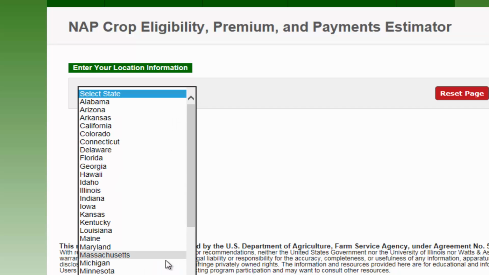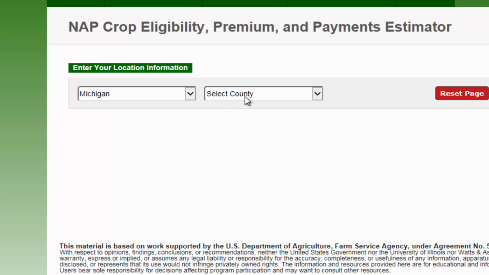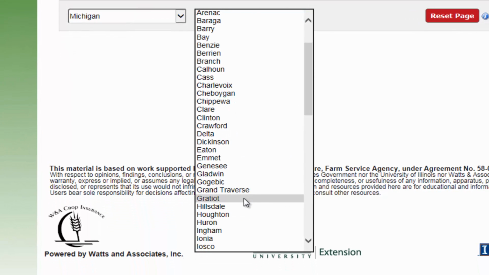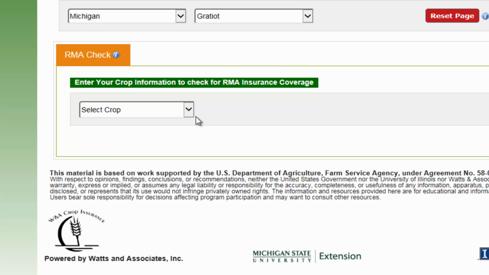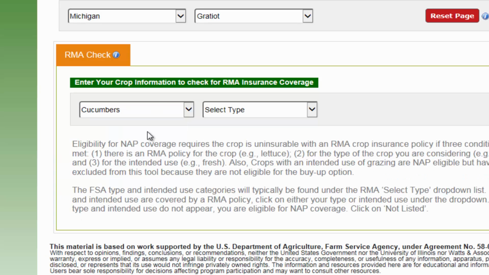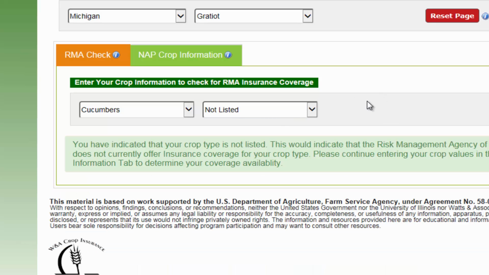So let's go to Michigan again. We're going to go to Gratiot County, where they grow pickles and cucumbers. We're going to select a crop, and in this case, it's on the list, cucumbers. So that still looks like we can use Risk Management Agency facilitated crop insurance. However, when you go over to select type, it's not pickling. Let's say it's not listed. That makes you eligible for NAP coverage.